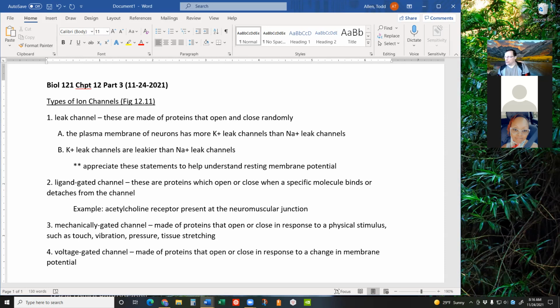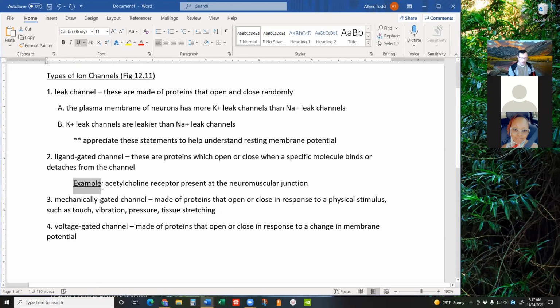Remember, membrane potential is the difference in electrical charge on the inner and outer surfaces of a membrane, okay? So let me ask you in the chat window, what specific voltage-gated channel did we talk about in chapter 10?